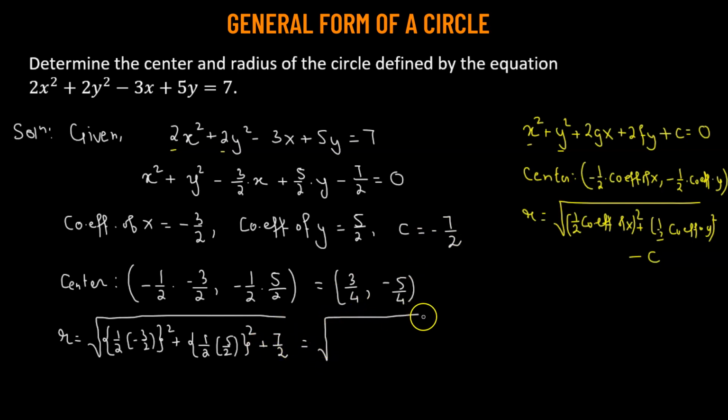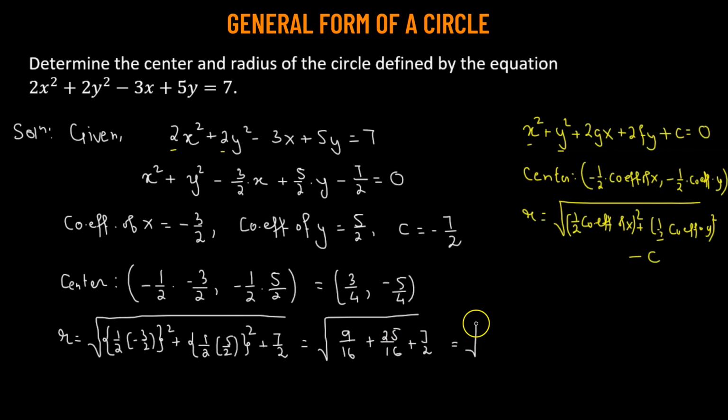So we get the square root of, half times negative 3 over 2, that's negative 3 over 4. Squaring it gives us 9 over 16. Added to it will be 5 over 4 squared, which is 25 over 16, plus 7 over 2.